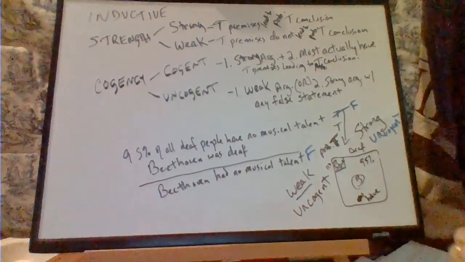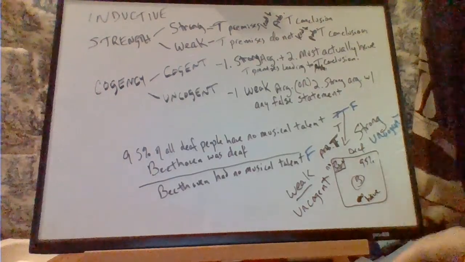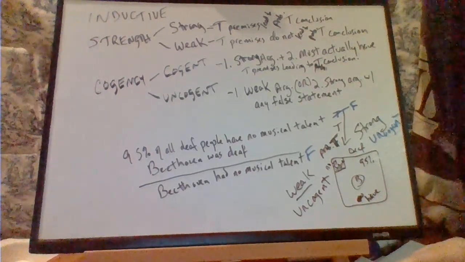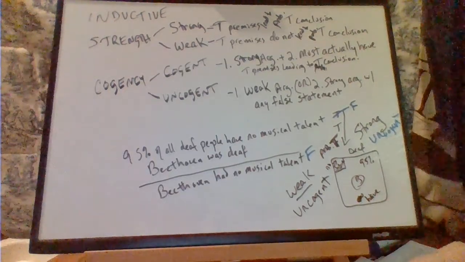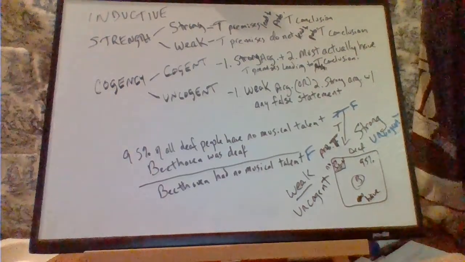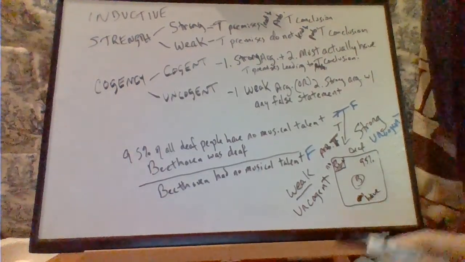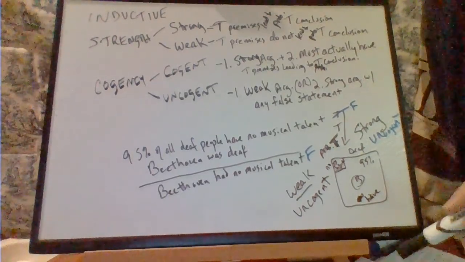So just as with the deductive argument, what you wanted was a valid, sound argument. With induction, what you want is a strong, cogent argument, right? A cogent argument. That's the ideal. That's a good argument.